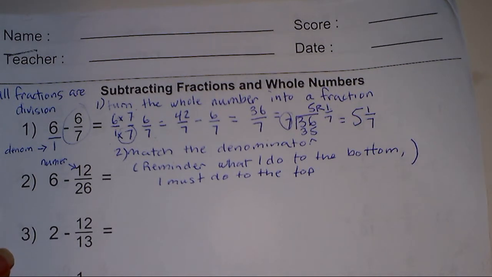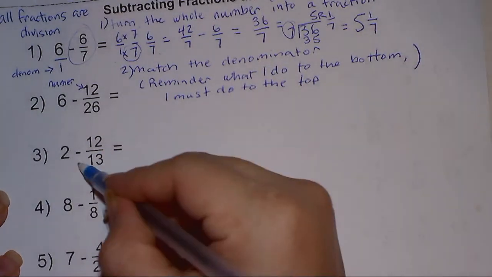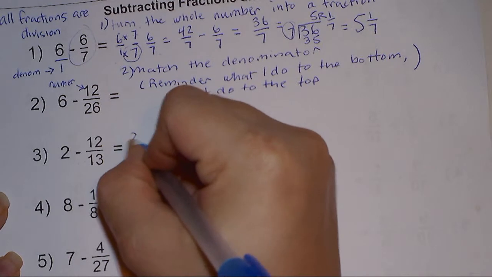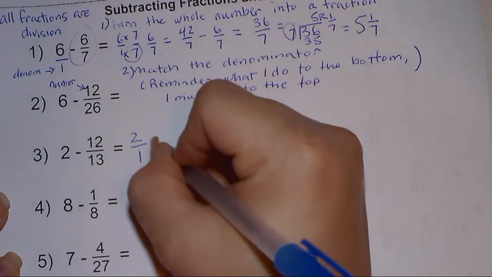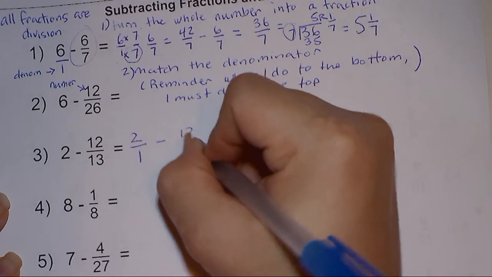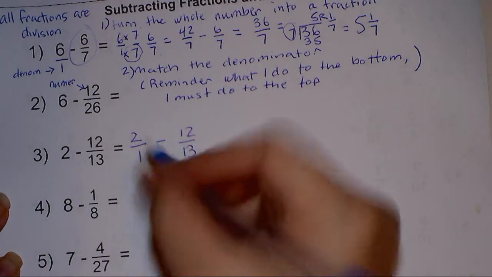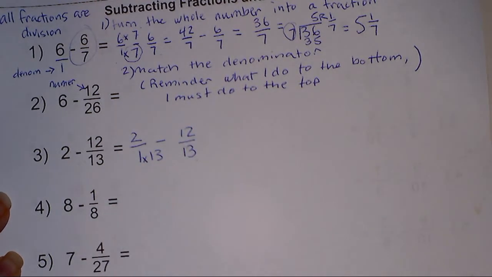Now that we know the steps, let's look at another one. 2 minus 12 over 13. So what's the first step? To turn it into a fraction. 2 over 1 minus 12 over 13. Second step, match. So I just need to go 1 times 13.